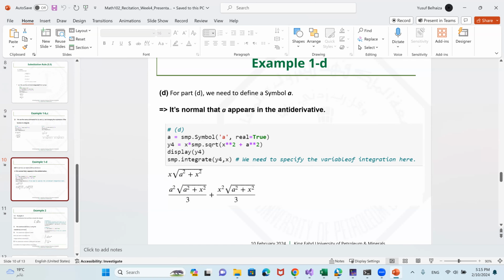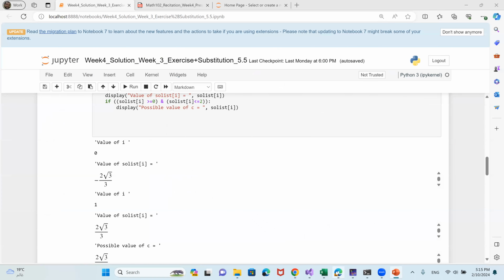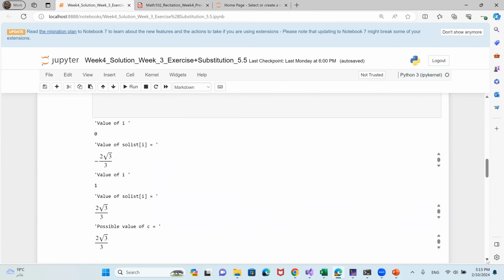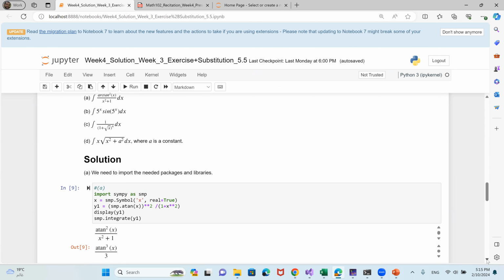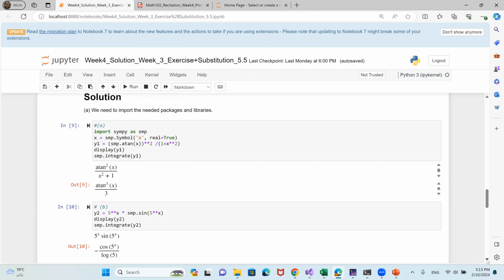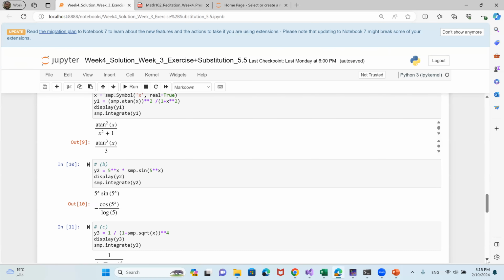For the code part, of course, here is the code part. There are many parts in this example. Here are the solutions of each one of the sub-questions. That's the A part, the integral of arctan squared of x divided by x squared plus 1. The integral of 5 to the power x sine of 5 to the power x.